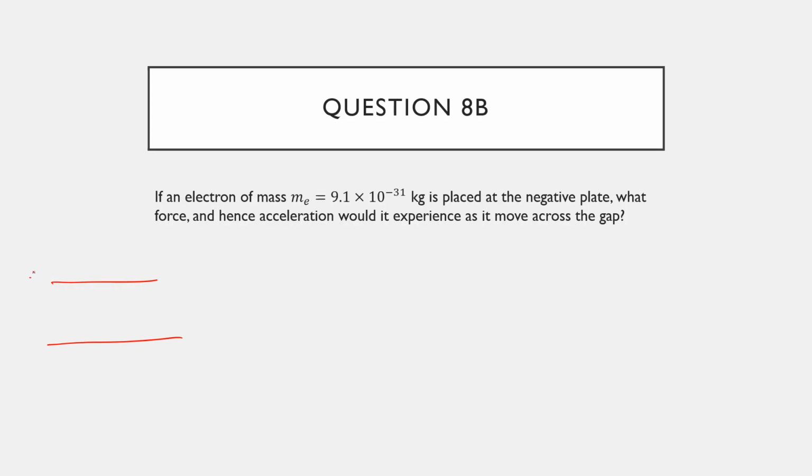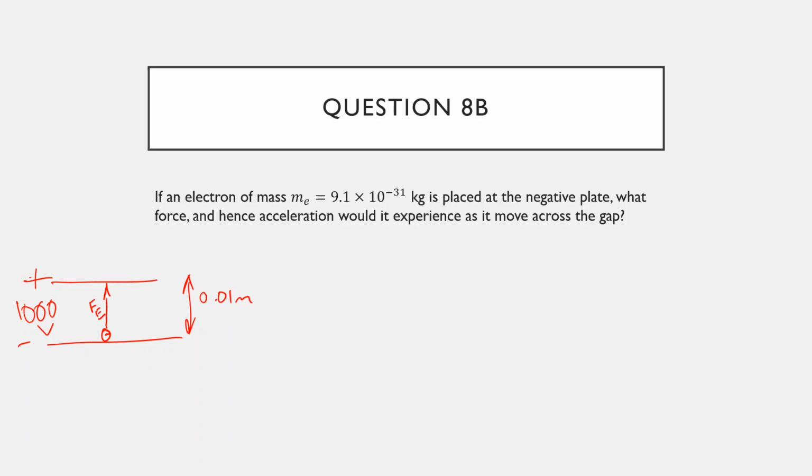Positive, negative, 1000 volts, 0.01 meters, and we're placing an electron at the negative plate here, or just above the negative plate. All right, and what's going to happen is it's going to accelerate across the gap towards the positive plate. Okay, so there's an electric force acting on this electron.